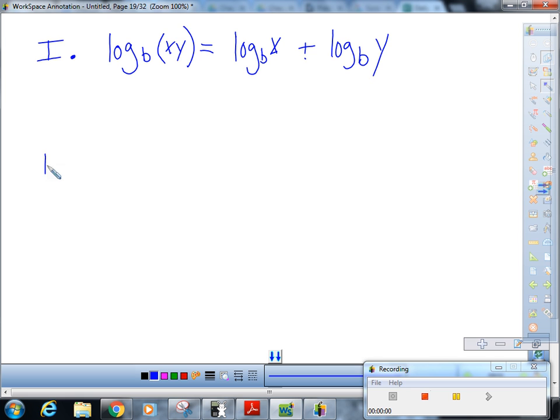Your second log rule of the day says if you're taking the log of 2 things that are being divided, what do you think? That's right. Very good, Sky.